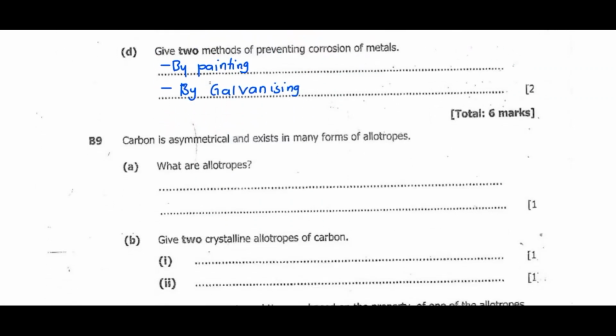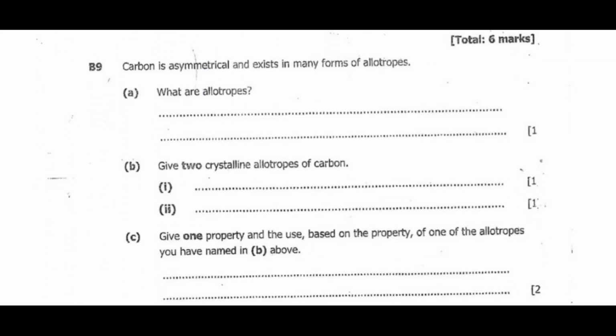Then we can go to question 9. Carbon is asymmetrical and exists in many forms of allotropes. Question A, what are allotropes?